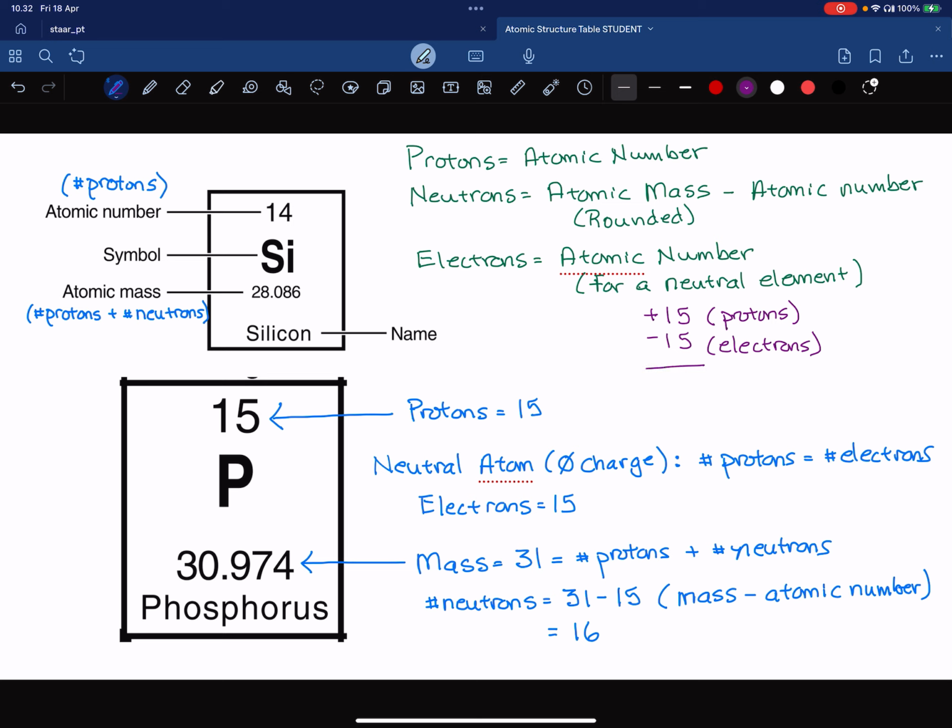Plus 15 minus 15 is equal to 0. That is neutral. And that is how charge works.